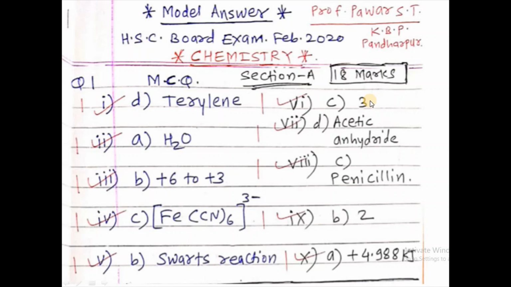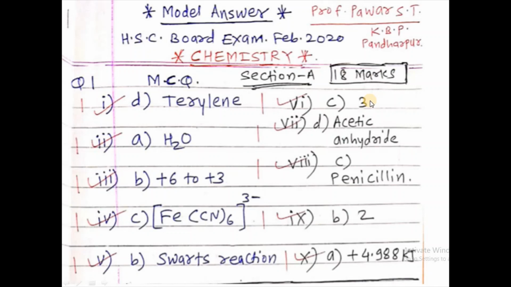Then the last MCQ, calculate the work done during the reaction represented by the following thermochemical equation at 300 Kelvin. Combustion of methane, CH4 plus twice O2, that gives CO2 and twice H2O. In this reaction, we have to calculate the number of moles of gaseous reactant as well as gaseous product, and by using formula we have to calculate the work.